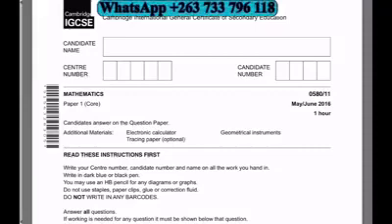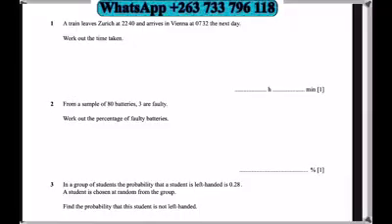Let's get started. We are going to start on number 1. This reads: a train leaves Zurich at 22:40 and arrives in Vienna at 07:32 the next day. Work out the time taken.